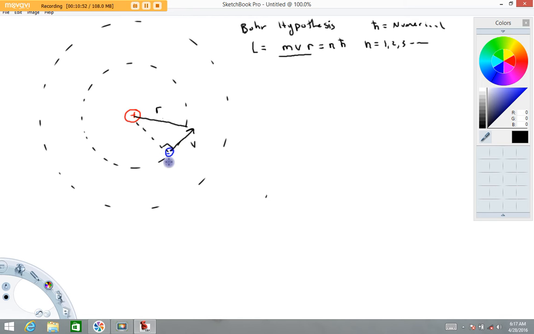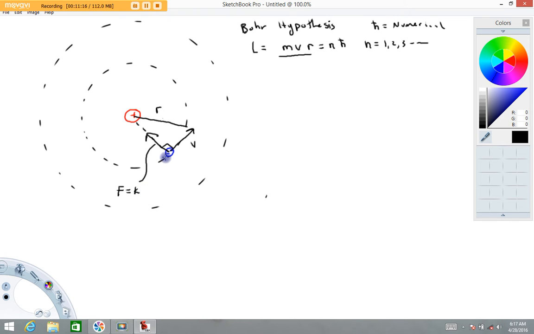If we draw a free body of this electron, there's only one force acting on it. And that force is an attractive force, and that's called the Coulomb force. Hopefully you've studied the Coulomb force, but the Coulomb force in general is equal to k q1 q2 over r squared.